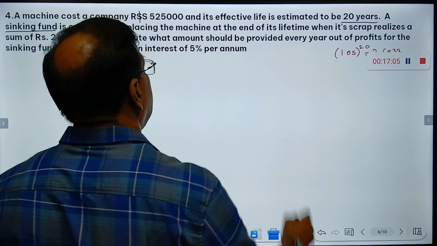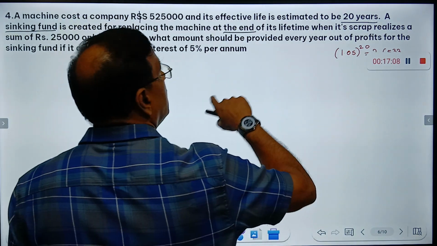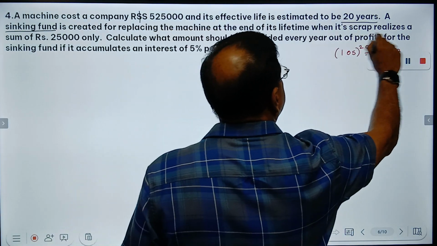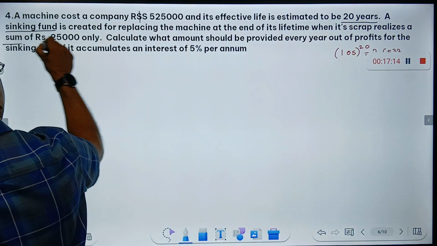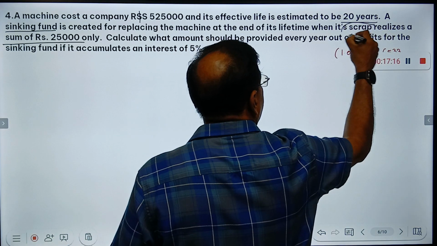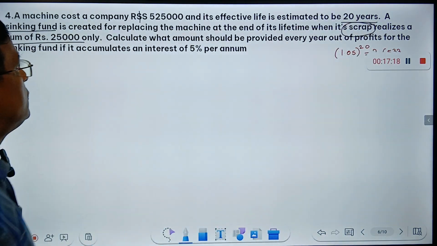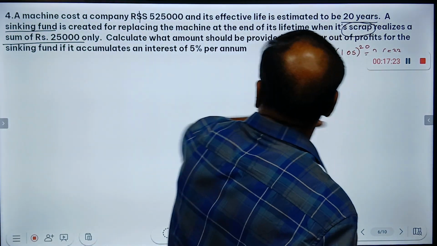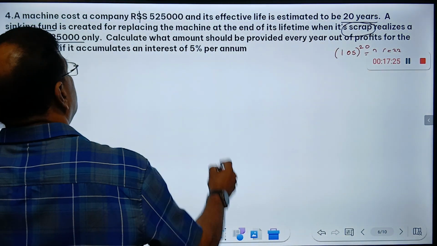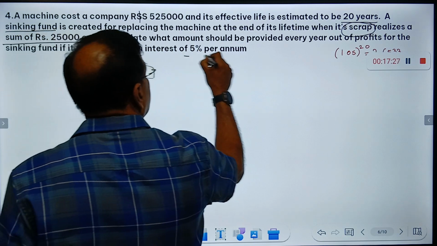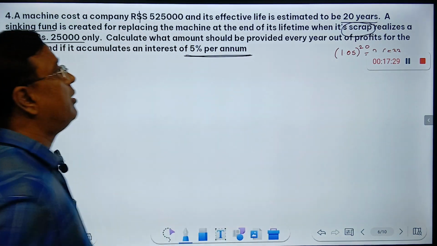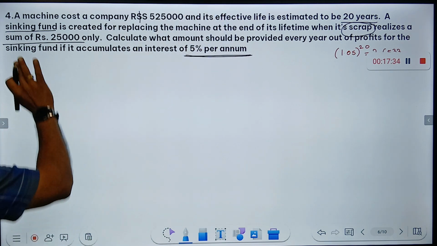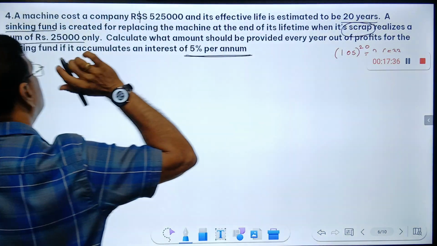By replacing it at the end of its lifetime, when its scrap value, important, scrap value is 25,000. Calculate what amount should be provided every year out of profit for the sinking fund to accumulate at an interest of 5% per annum. Only this underlined data you should see, nothing else. Other stories are not at all important for me.